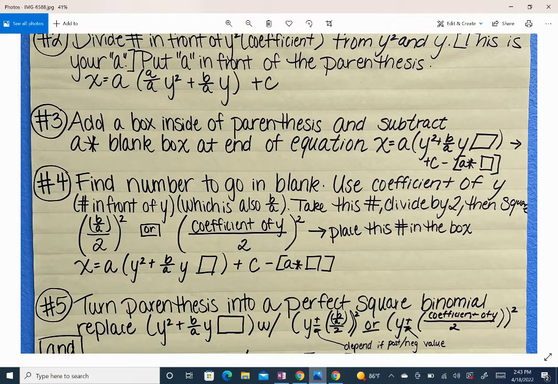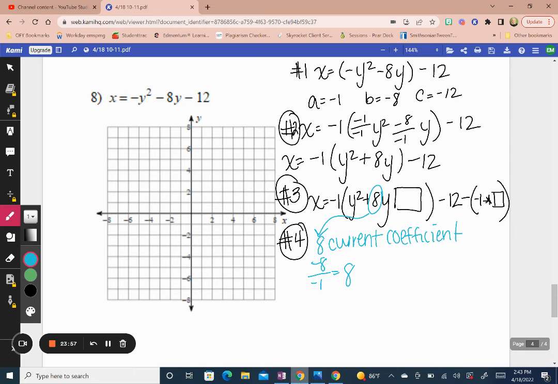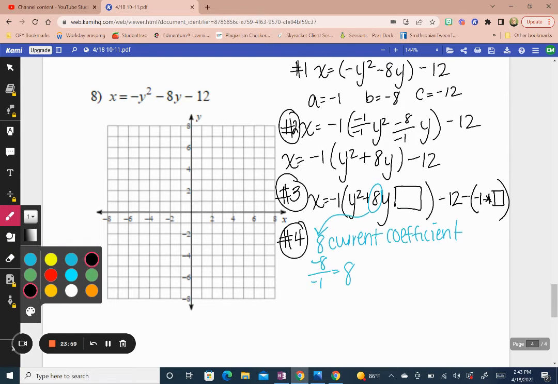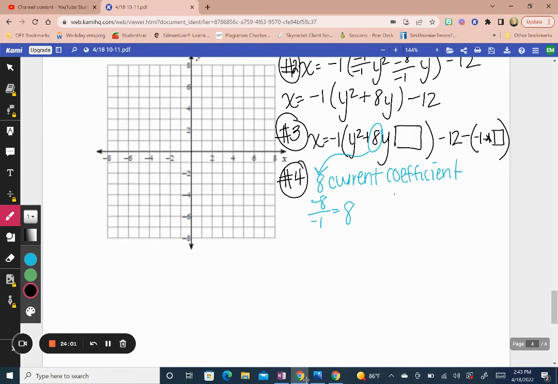I just left for step number 4, b divided by a divided by 2, just in case you didn't remember how you got that number. So I'm going to do the second part where it says coefficient of y divided by 2 squared. So I'm going to take that coefficient, which is 8. It's 8 divided by 2 squared, which is equal to 4 squared, which is equal to 16.